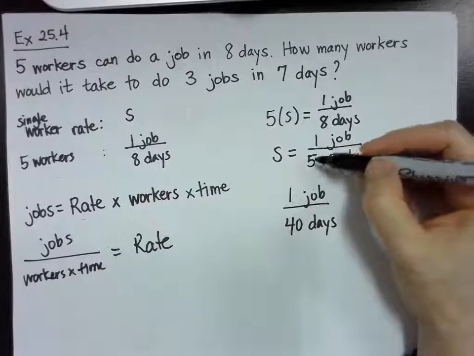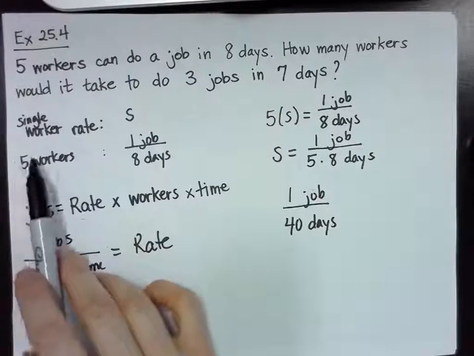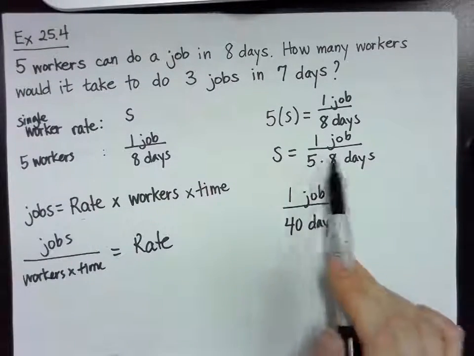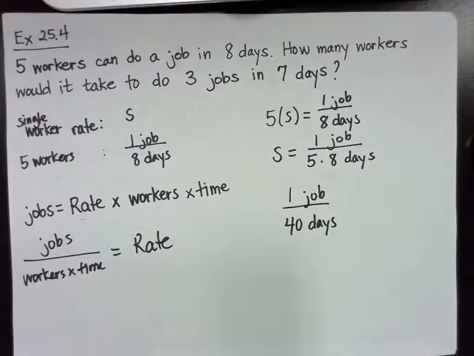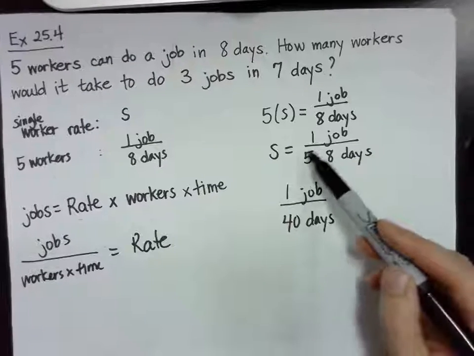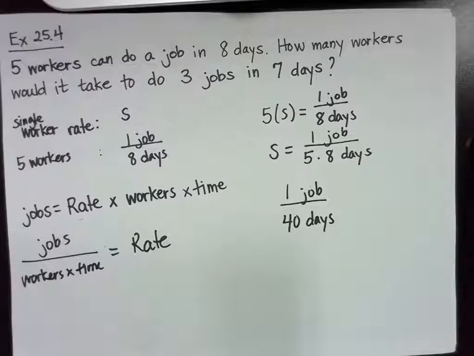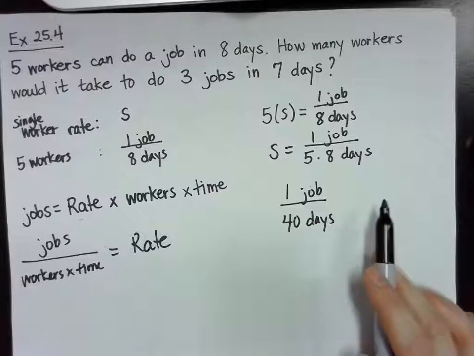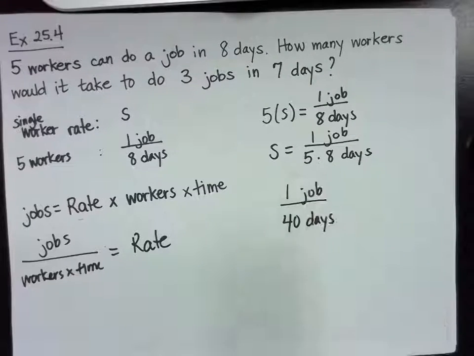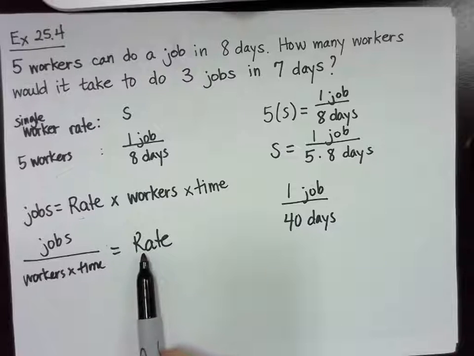Okay, and so because we have lost the unit of workers over here, when we are just thinking about jobs per day, this 5 kind of gets lost and the units get lost in there, and it's hard for us to see. Solving the problem without that unit of workers in there becomes problematic because you can't see the units. But when we solve it this way, where we can see the units, it's a lot easier to solve.